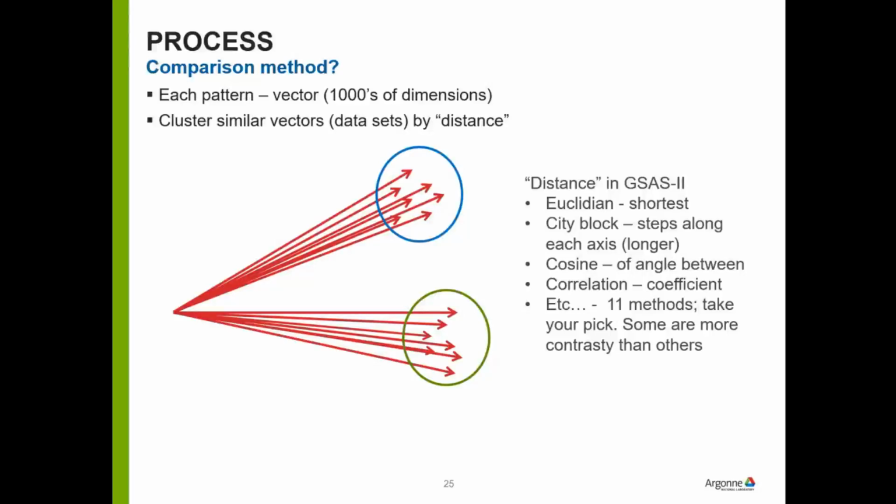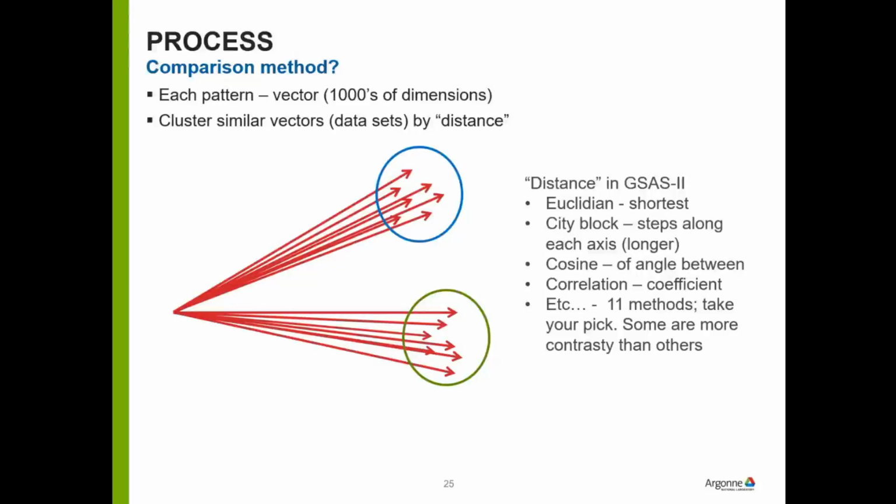What do we mean by distance? Well, from here to here in a straight line is the so-called Euclidean distance. On the other hand, there's something called city block, which is the number of steps along each of the dimensions to get from one point to the next. So in this case, it would be here and then here. That's the city block. Then there's the cosine of the angle between them.